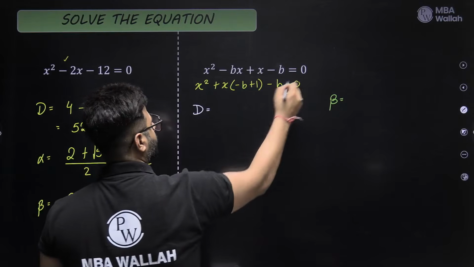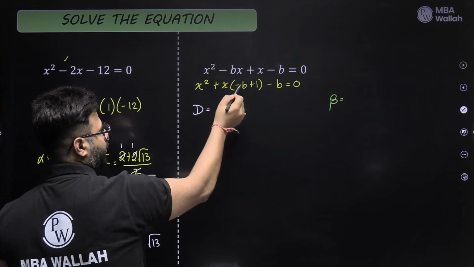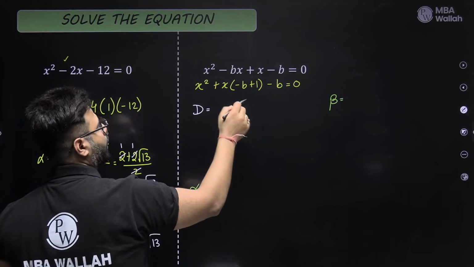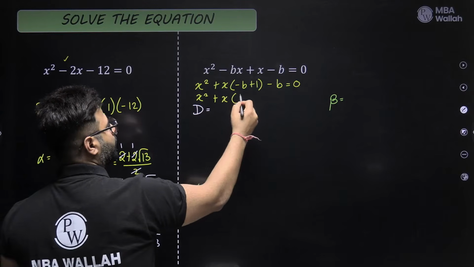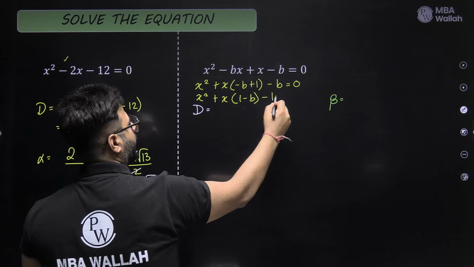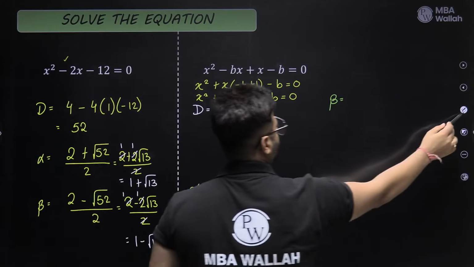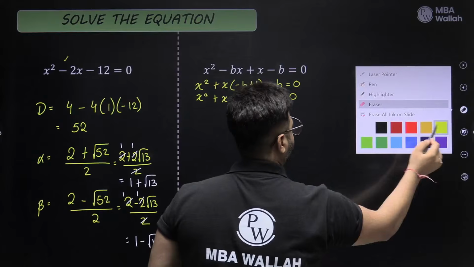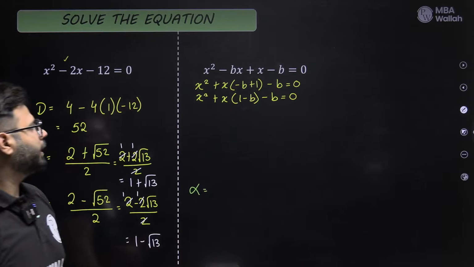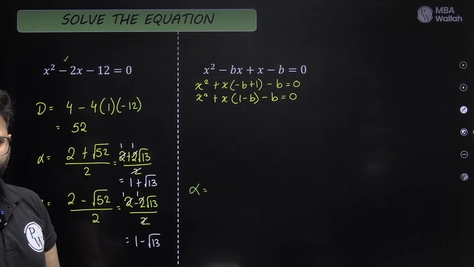Comfortable or not? So if you take x common, you get a minus b here and a plus 1 here. And eventually you can write it as x square plus x times (1 minus b) equals 0. Yes or no? So this is the first thing we have to do, that we write it in a format such that identifying A, B, C is easy for me.